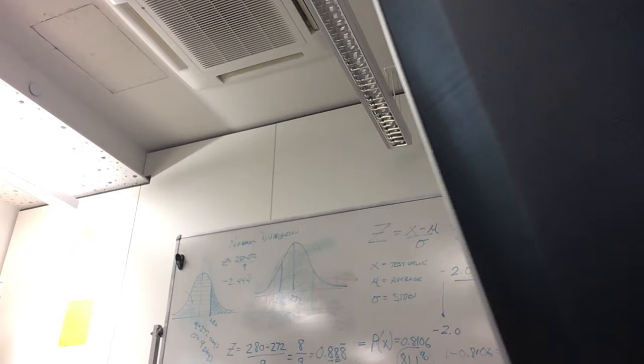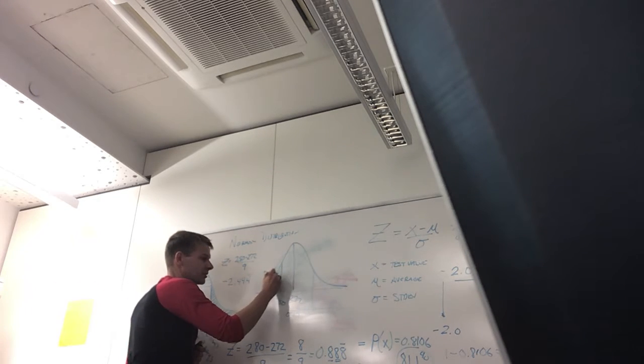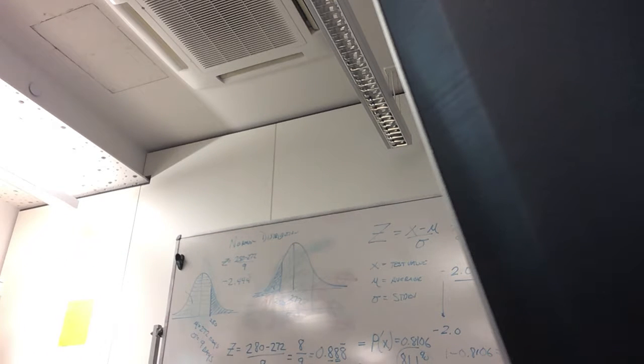We want to know this portion of the chart. So now we're going to take negative 2.44, negative 2.4, and over to 4. 0.0073.